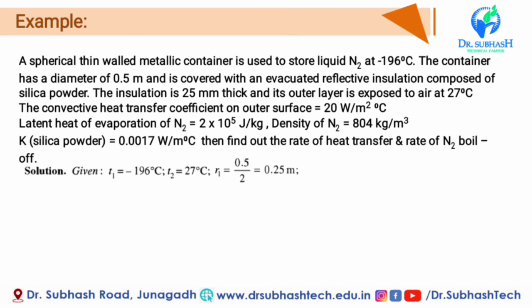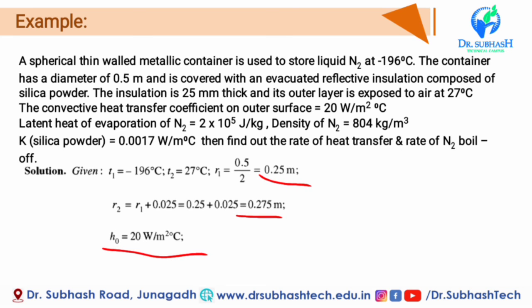So let's solve this example. T1 is equal to minus 196 degree centigrade, T2 is equal to 27 degree centigrade. Find R1 by dividing the diameter 0.5 by 2, that is 0.25 meter. R2 is equal to R1 plus the thickness of insulation, which is given as 25 mm, so R2 is equal to 0.275 meter.